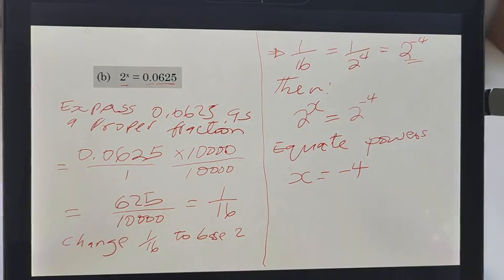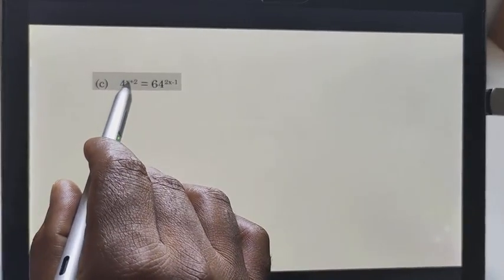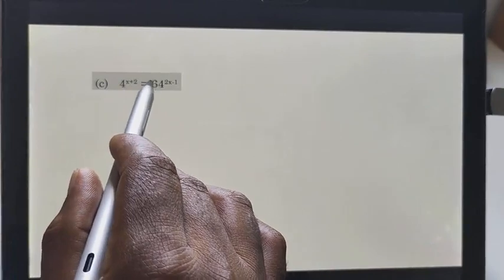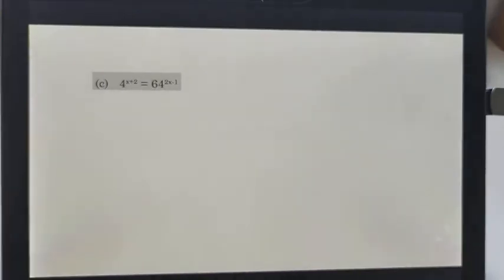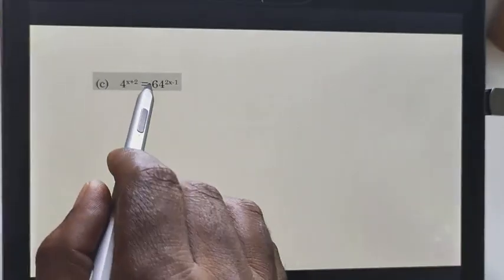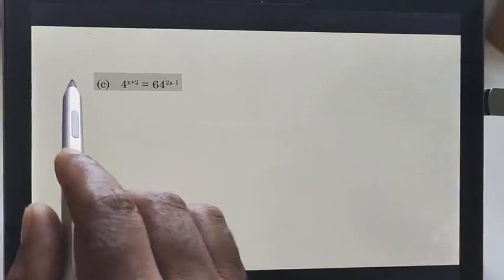Yeah, so now to be done, we have our last example. In this case, we are given 4 to the power x plus 2 equals 64 to the power 2x minus 1. Okay, if it is possible to make 64 into base 4, we can make it.